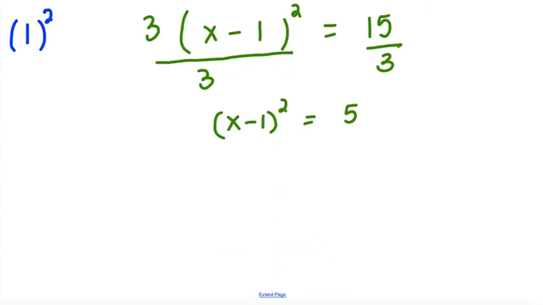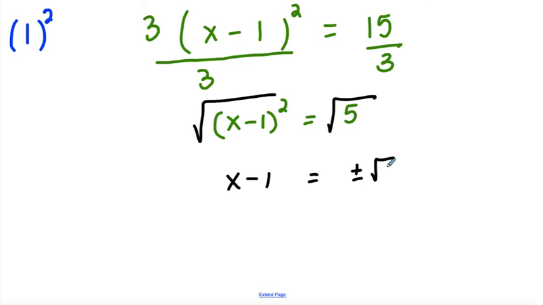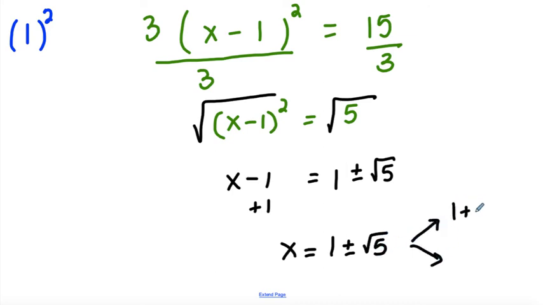We take the square root of both sides, remembering when we take the square root, we have to consider both a positive and negative answer. So we put a plus minus in front of that root 5. And then we add the 1 and we put it in front of the plus minus. So x equals 1 plus or minus root 5. We remember that that means there's 2 distinct answers, 1 plus root 5 and 1 minus root 5.